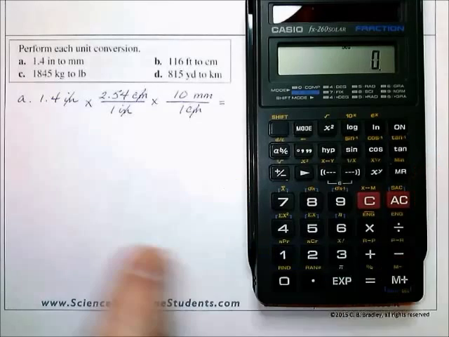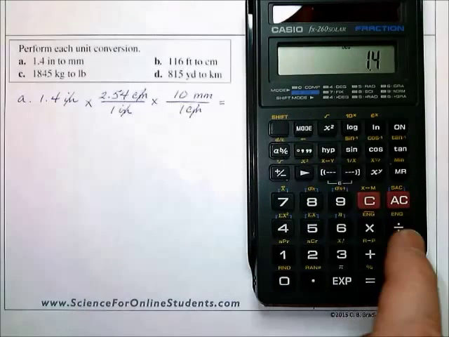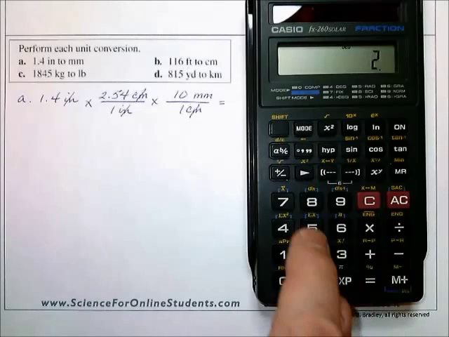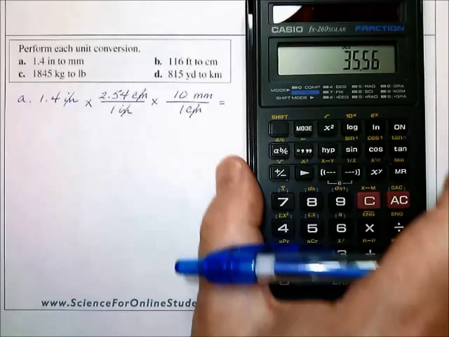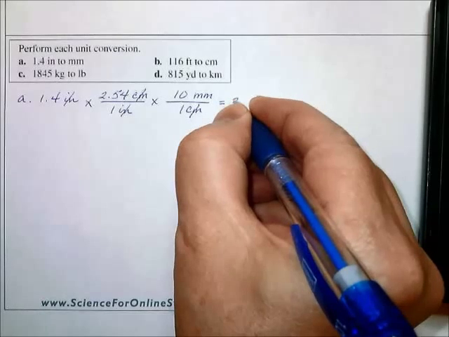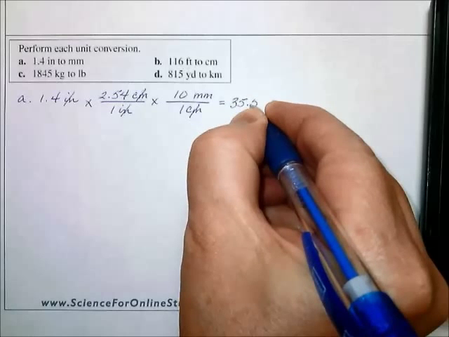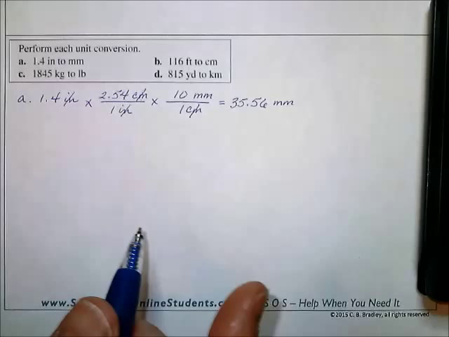Okay, 1.4 times 2.54 times 10 equals 35.56 millimeters. Now, how much?